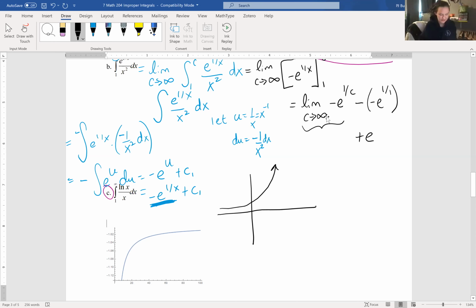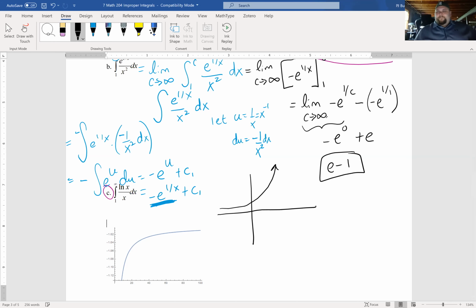It approaches 0, and anything to the 0 power approaches 1, and then the negative sign. So this would be e to the 1 over infinity, which is really e to the 0. And e to the 0 is 1, and there's a minus sign. So that's our final answer for that guy.